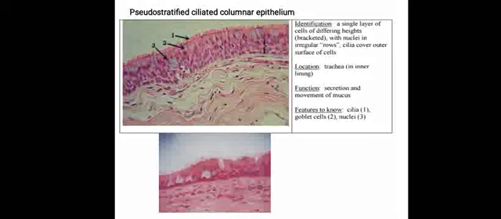Where can you find it? In the trachea. The function there is secretion and movement of mucus. The things expected to be seen there are cilia, goblet cells, and nuclei as well. Those are the things you see when viewing it under a microscope.